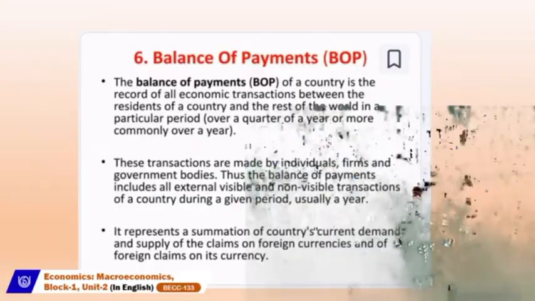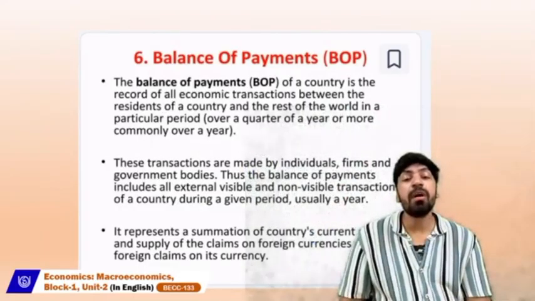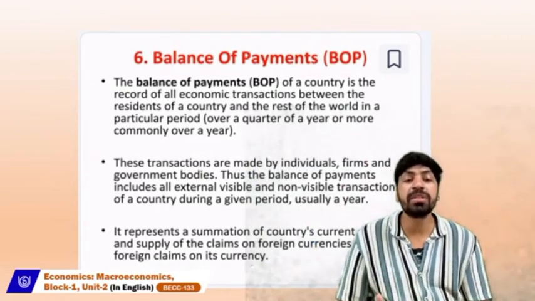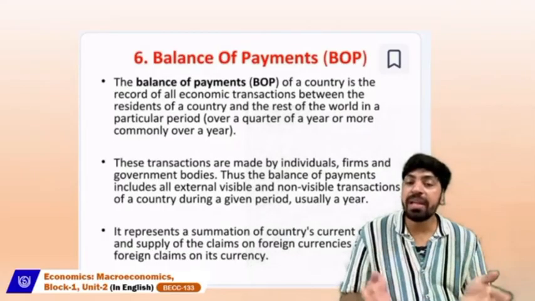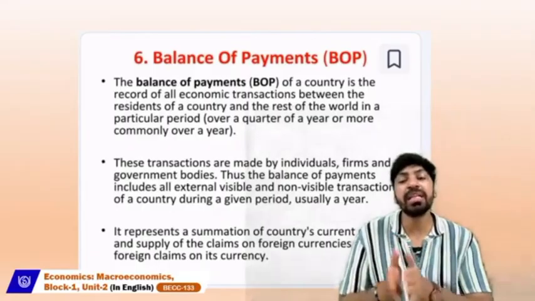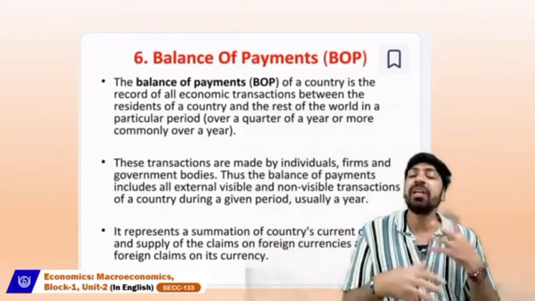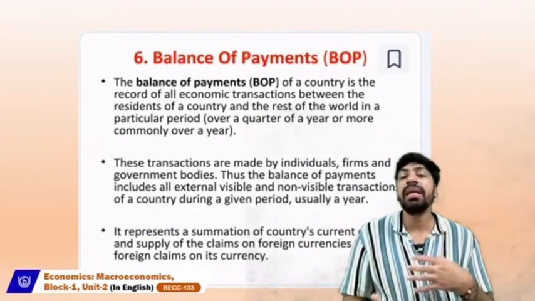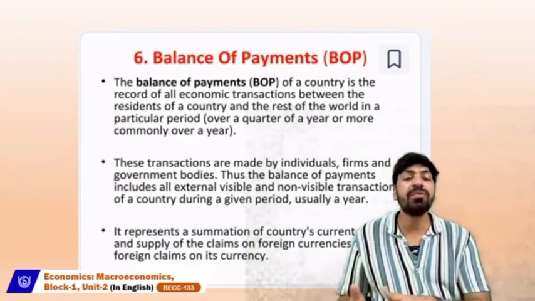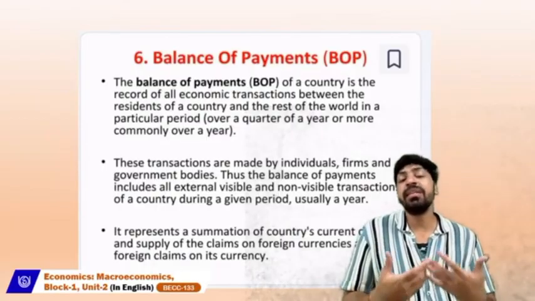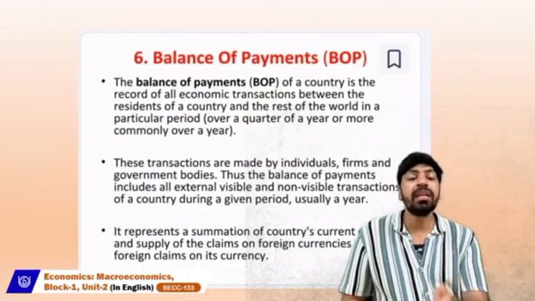For example, tea, livestock, or any consumer goods: all the economic transactions related to sales and purchases between different countries are recorded. And when we record all those economic transactions between our own country and other countries, that refers to the concept called the balance of payments in a particular year.